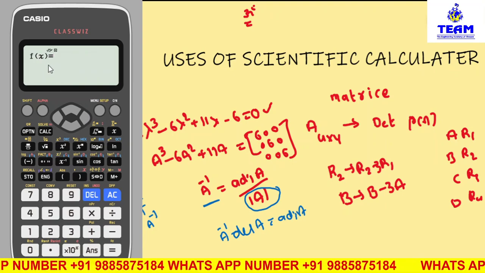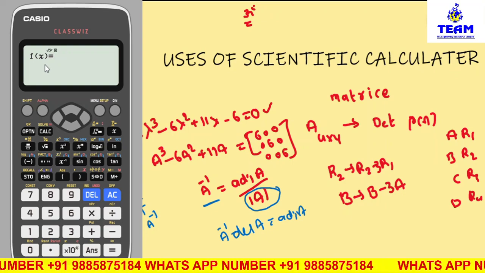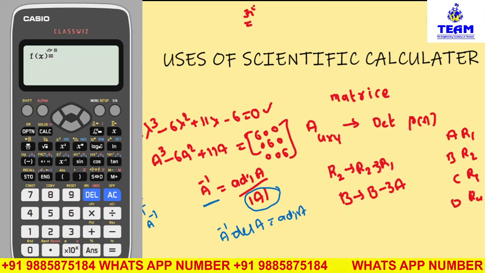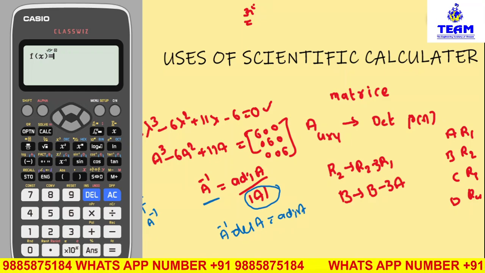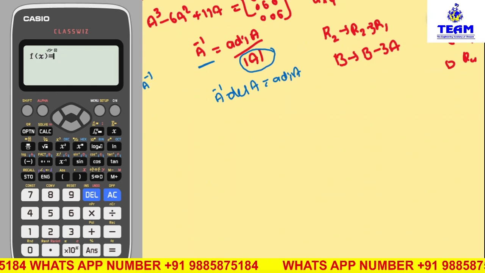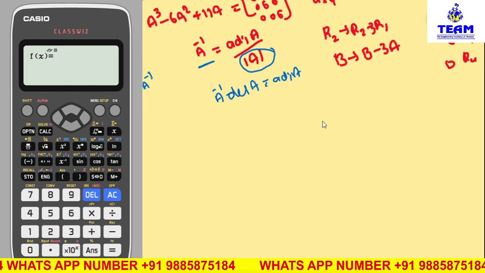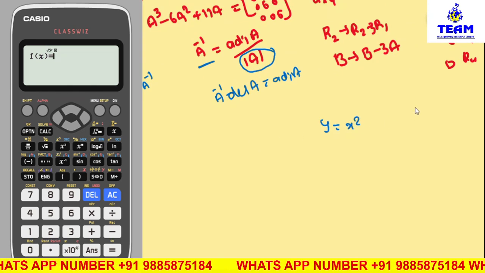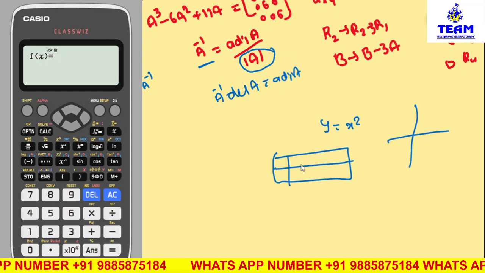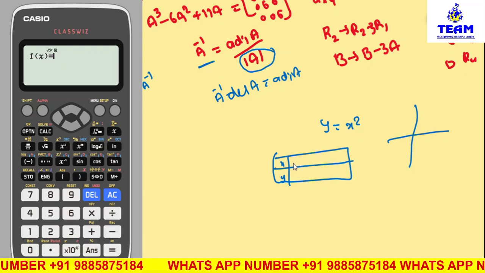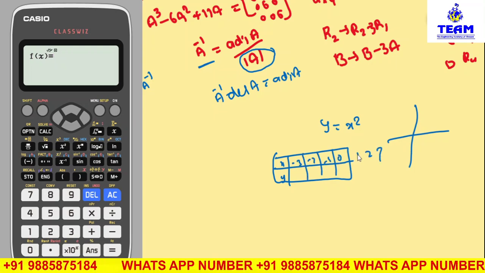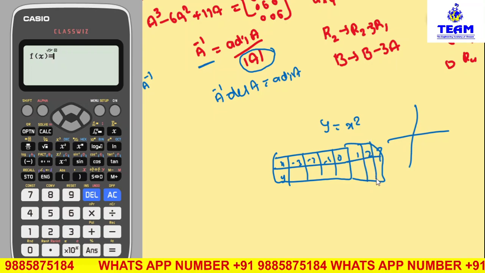Do you remember in the intermediate, suppose they are given f of x, friends? In the 9th class you did, suppose they are given y is equal to x square, what did you do? You took values of x and corresponding values of y, like -3, -2, -1, 0, 1, 2, 3, and you got values, yes or no?